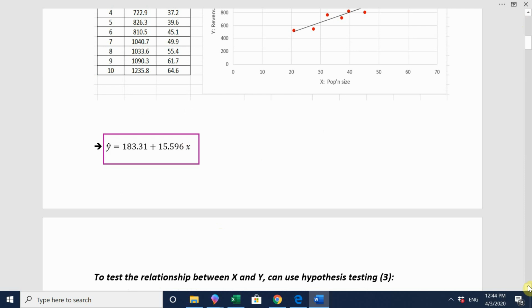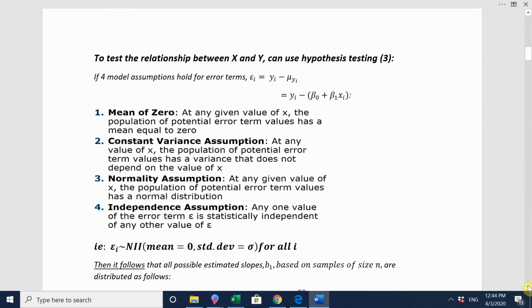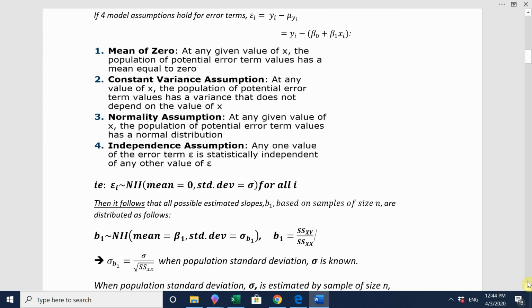But if I had chosen a different sample for the same x values, then I would have generated possibly a different B1 value. So in other words, there is a whole population of different, of potential different estimates for the slope B1.